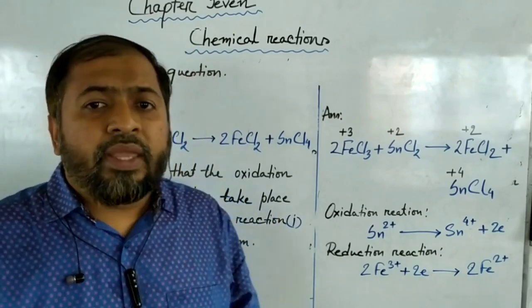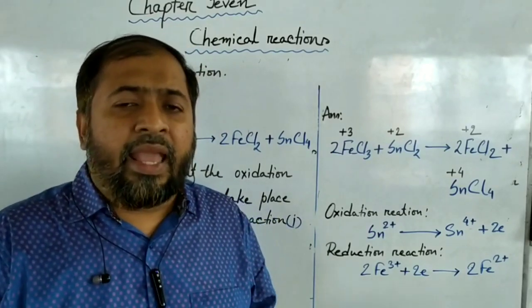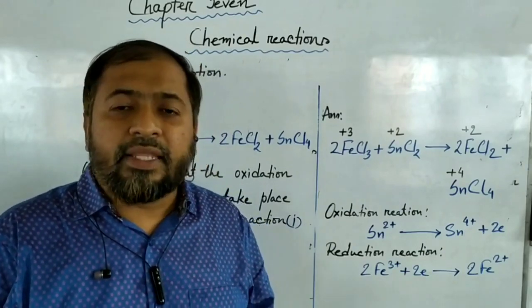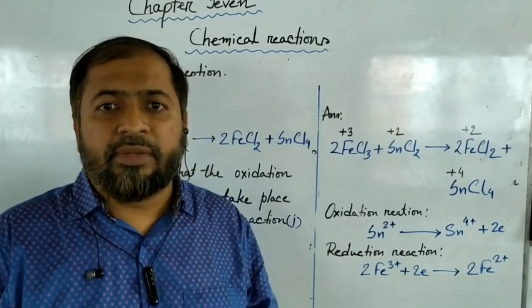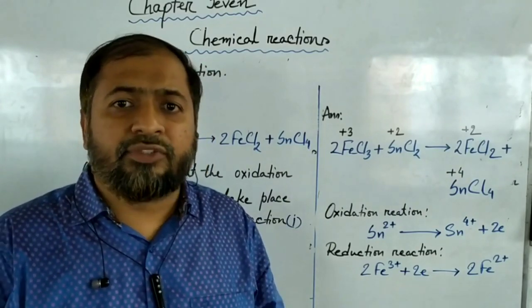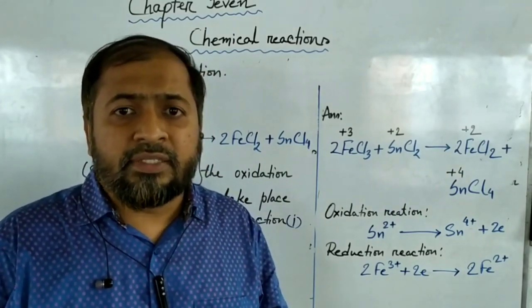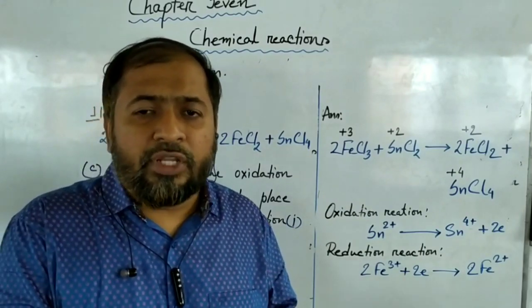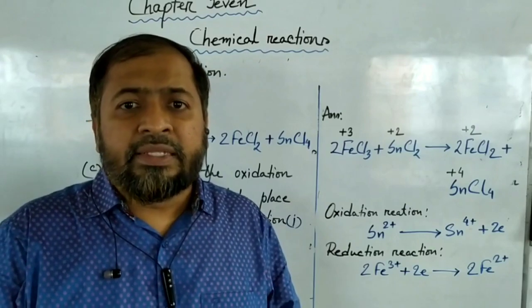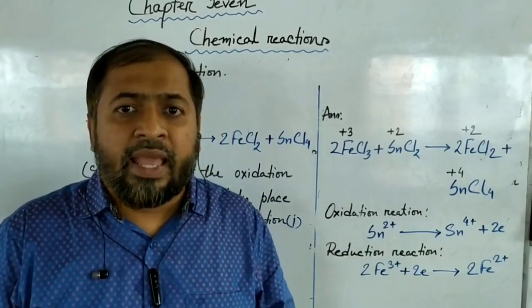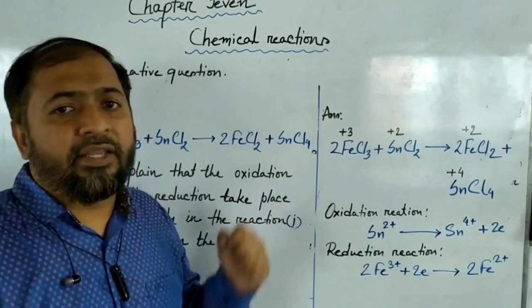From here we can see a chemical substance can only donate electrons when another chemical substance agrees to receive electrons. On the other hand, a chemical substance can receive electrons when another chemical substance donates electrons. Therefore, electron donation and electron receiving take place together. Therefore, oxidation reduction is a simultaneous process, and the same thing happened in this particular reaction.